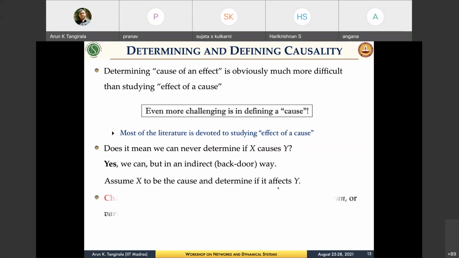Assume X to be the cause and determine if it affects Y. But the challenge there again is that X could affect Y in many ways. It can affect its amplitude or mean or variance or distribution, or in many chemical and biochemical processes, X can only be a trigger. It just triggers and keeps quiet. So how do you figure that out is a difficult proposition.